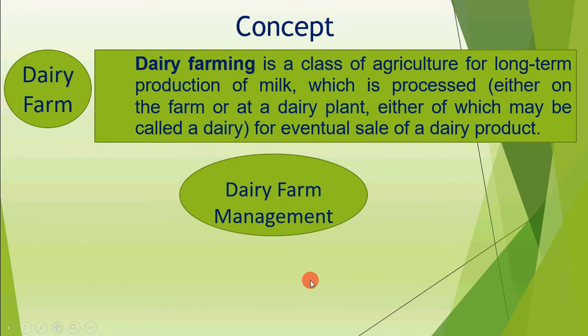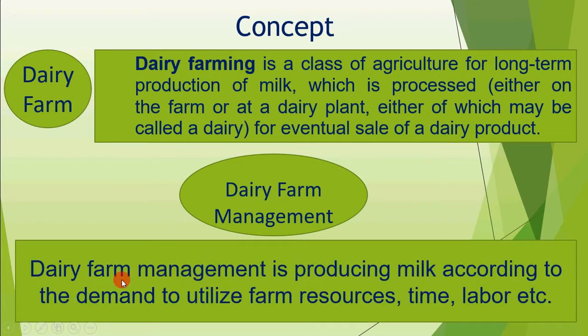And then you have to understand what dairy farm management is. The concept is producing milk according to demand, utilizing farm resources, time and labor. That means if you maintain proper management to continue the dairy farm, that is called dairy farm management.